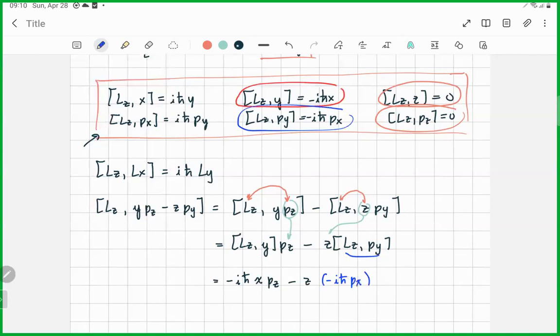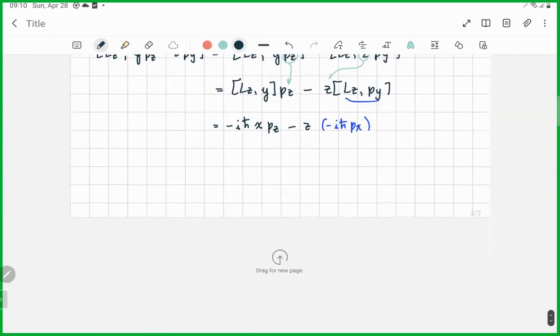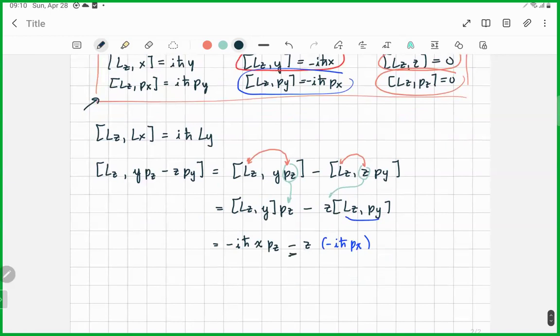So let's organize these things. What we have, well, this minus with minus will give us plus. So I'm going to start with this term here, which is positive, iħ, and we have Z PX, and now minus this, minus X PZ. So you see it was faster this time.